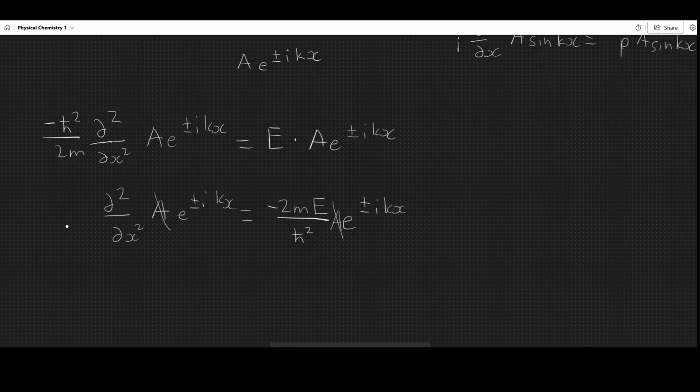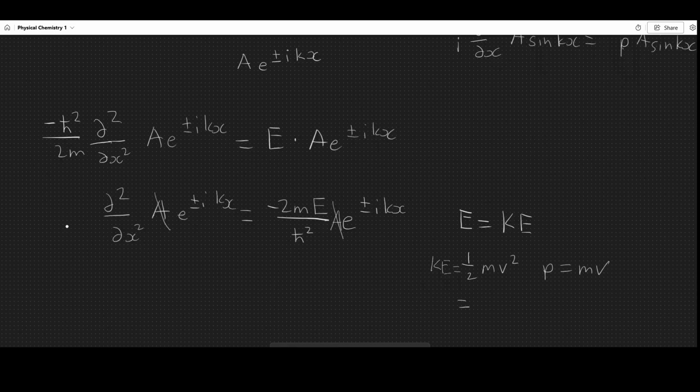Okay, so where do we go from here? Well, we need to figure out what E is. So E, remember, is equivalent to kinetic energy, because we said that the reference value for potential energy was 0. And remember kinetic energy is half m v squared, and momentum equals m v, so we can write the kinetic energy in terms of momentum.